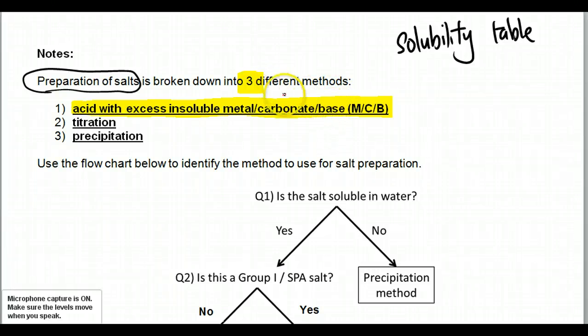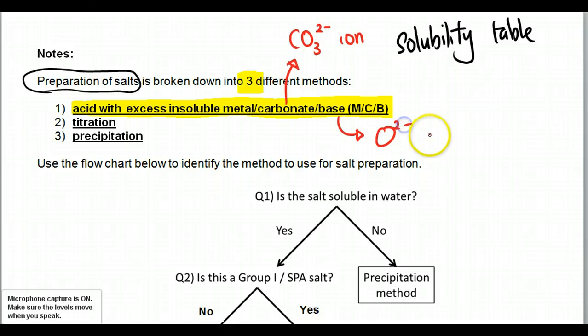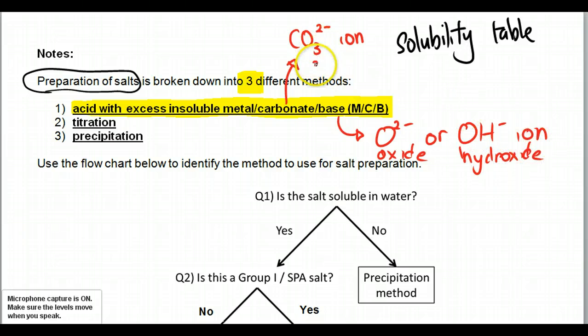Just in case you forget, the base we talk about must contain the OH minus anion, or it will end with the word hydroxide for the compound. For this, it is carbonate. So now, acid with excess insoluble metal, carbonate, or base. This is the first method.